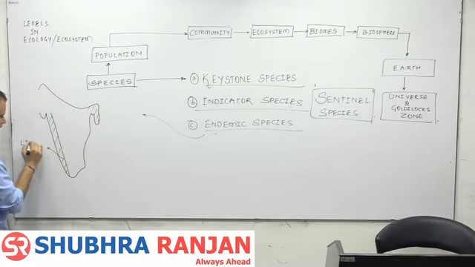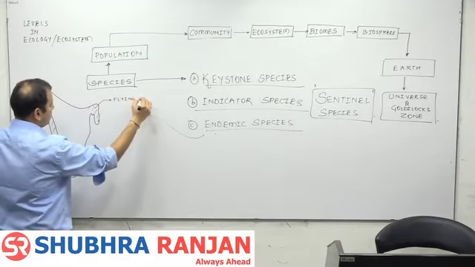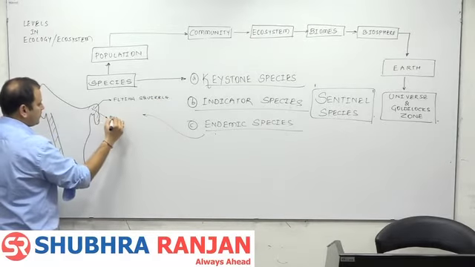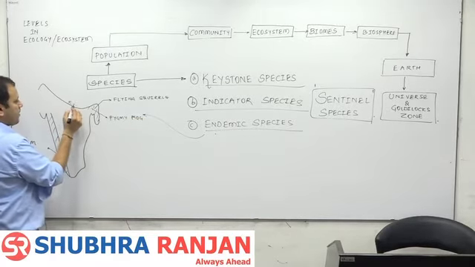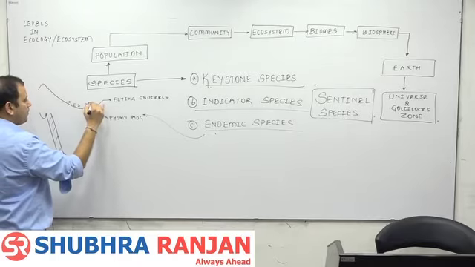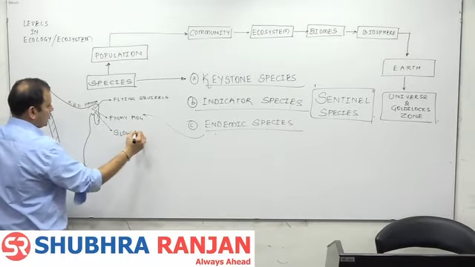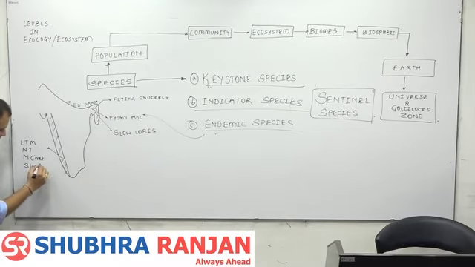So you already know lion-tailed macaw, Nilgiri tahr, then Malabar civet, flying squirrel, pygmy hog in Assam, red panda in the entire Himalayas, slow loris, slender loris.